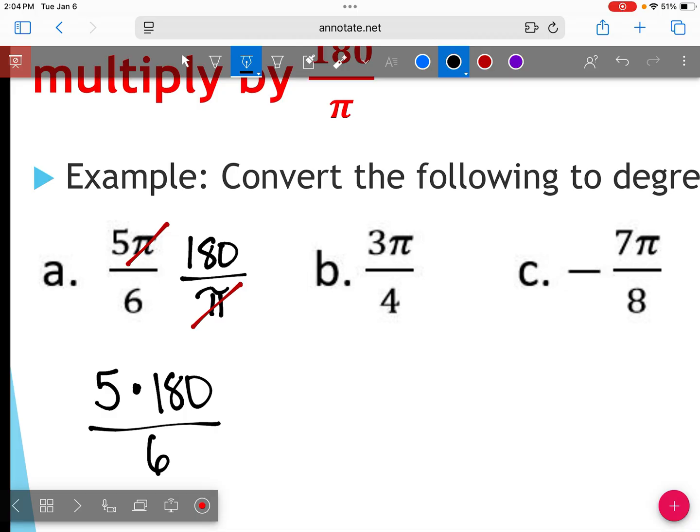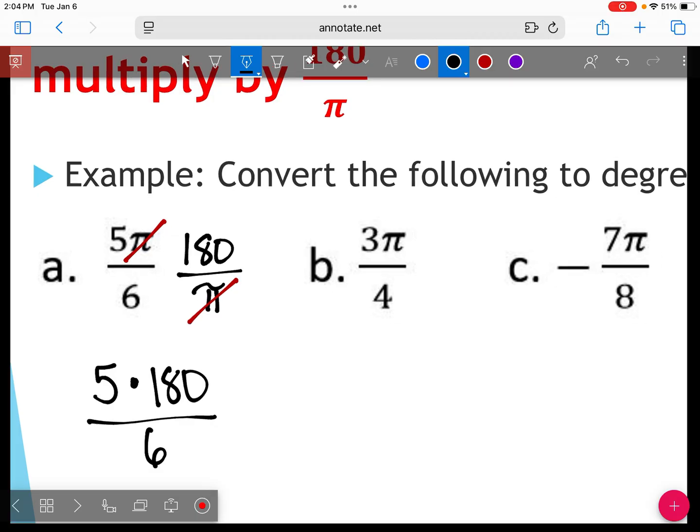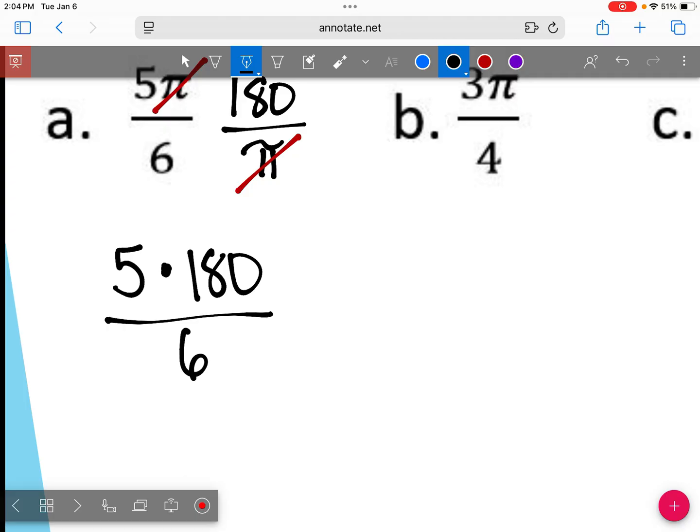You have to multiply and you have to divide, but sometimes it makes more sense to divide first. Whenever your denominator can go evenly into 180, we're going to take that first.